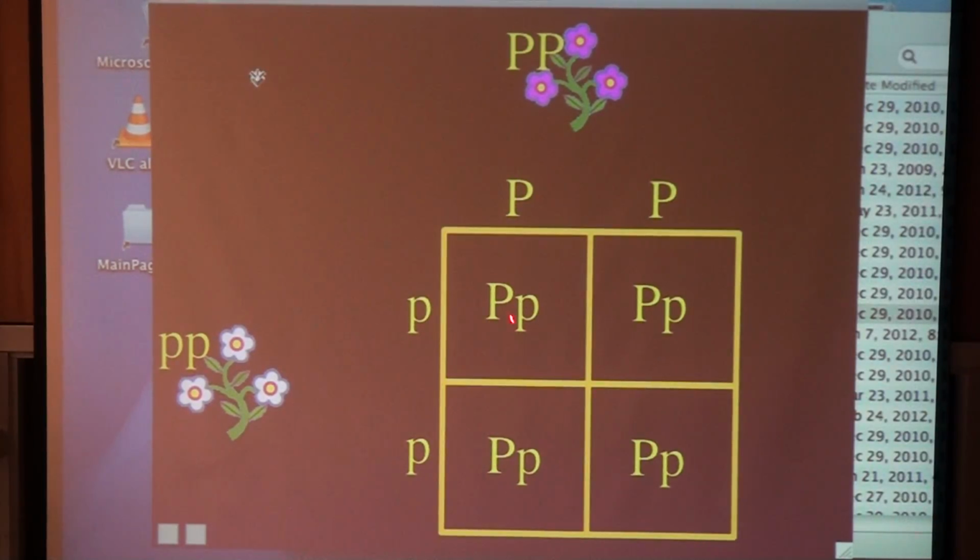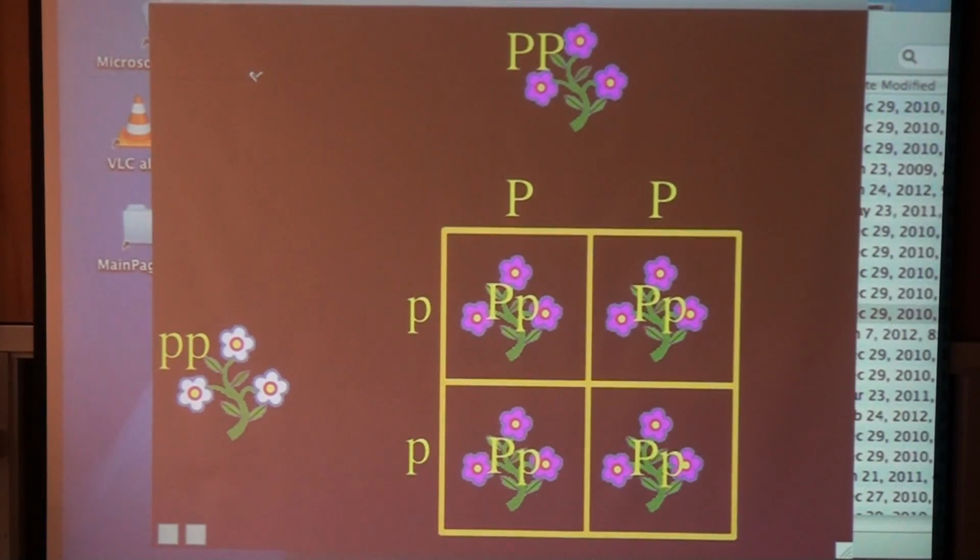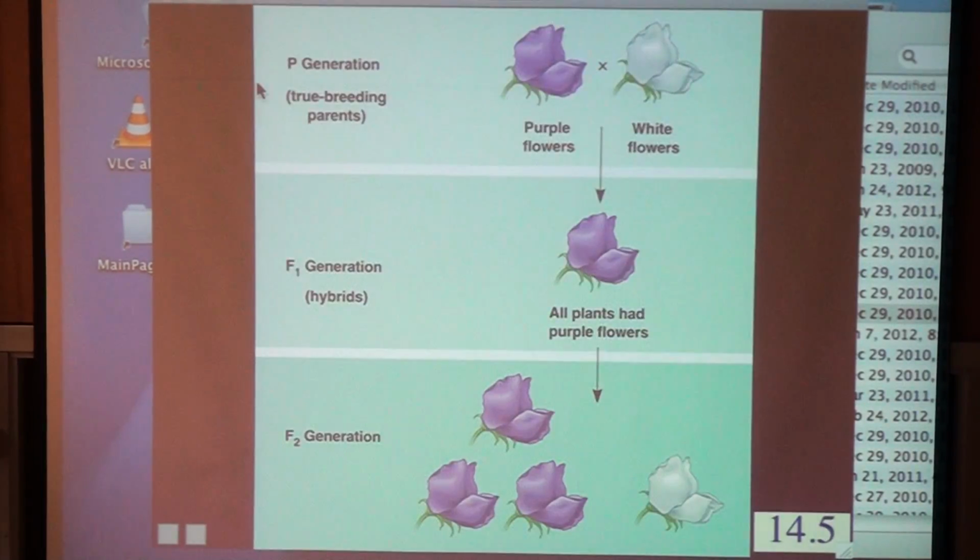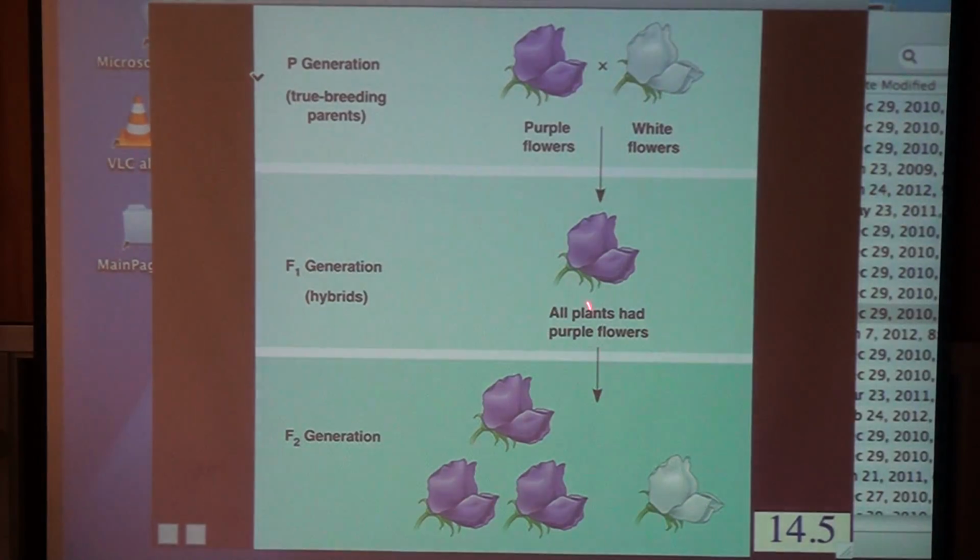And so all the little squares in the Punnett square table show big P, little p, and so this says all the offspring are going to be big P, little p. In other words, you're going to get purple offspring. And notice that that's consistent with what Mendel found. The F1 generation was all entirely purple, so it works, in other words.